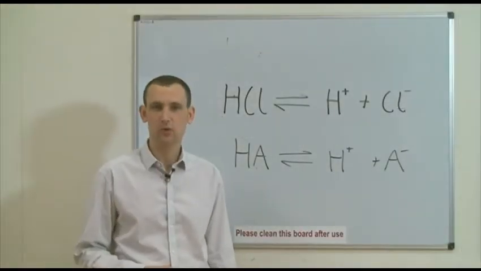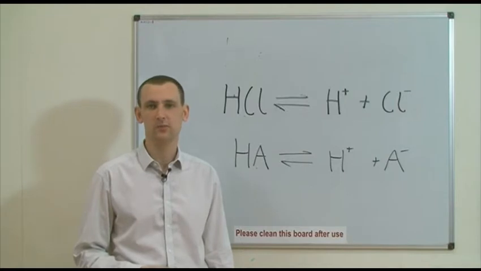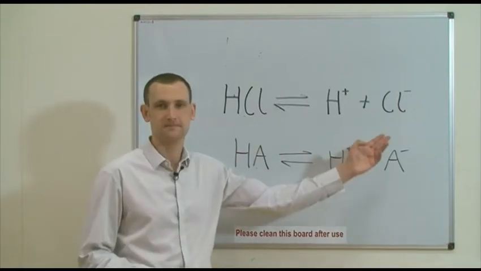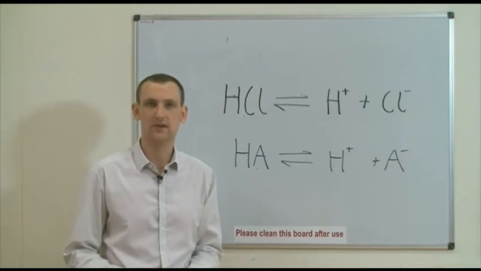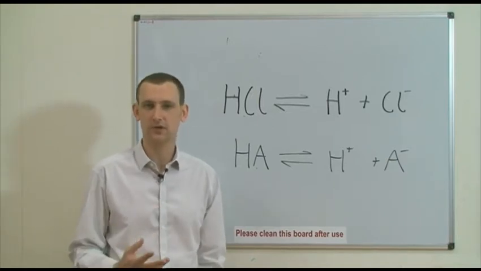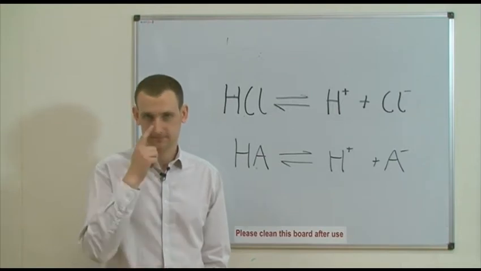In simple terms, what we call a strong acid is one for which the equilibrium lies strongly to the right, so much so that we consider it to have undergone complete deprotonation, every molecule having given up its proton to form a hydronium ion.